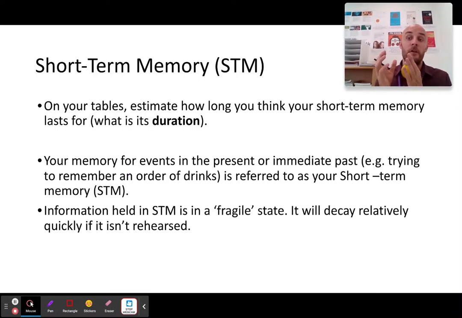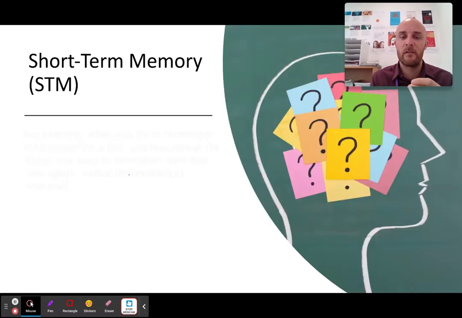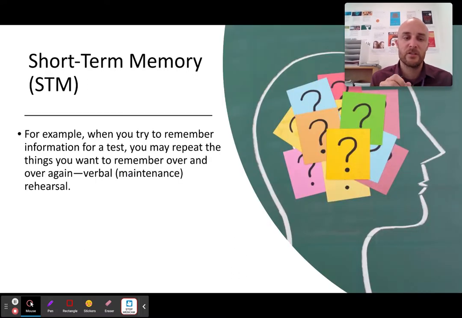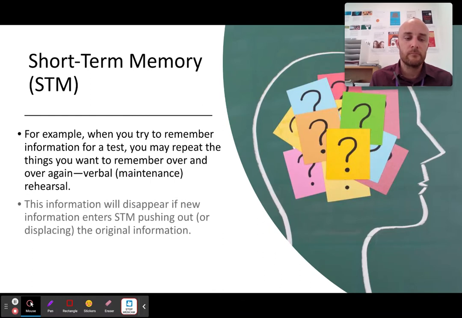You can hold it for longer than the sensory memory, but it decays very, very quickly unless you start paying attention to it, rehearsing it. And then eventually it will go into the long-term memory.